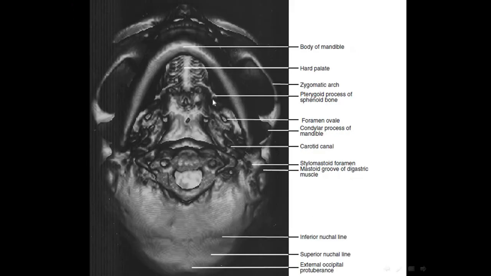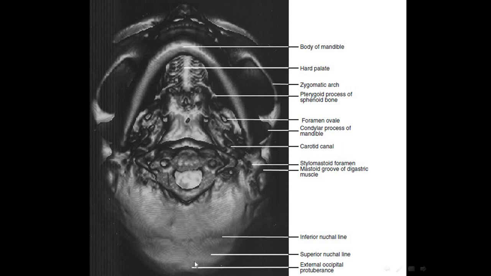This is inferior view, including the mandible and a part of cervical spine. So here we can see the occipital bone, the inferior nuchal line, superior nuchal line. Here we can see superior is more lower than inferior, right? Because this is reversed position.